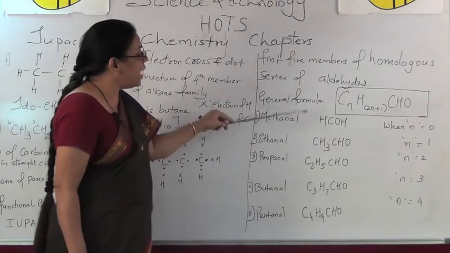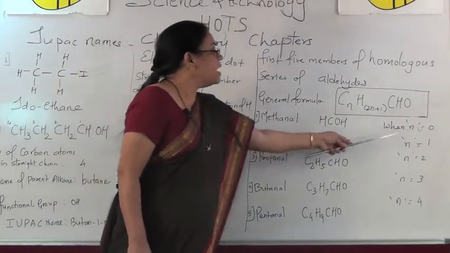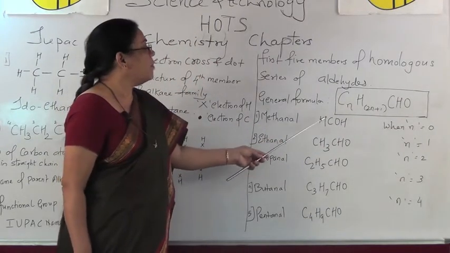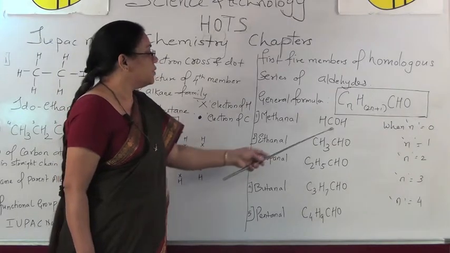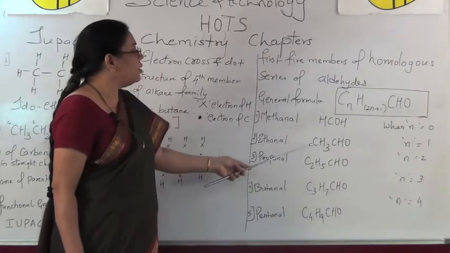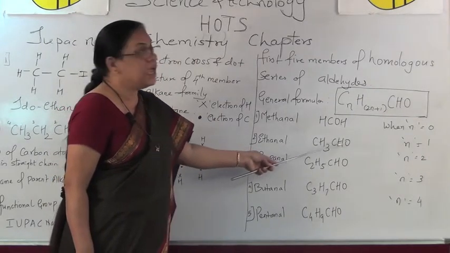Now how do you get the molecular formula of this? Putting n equal to 0 in the general formula, you get the chemical formula for methanal, that is HCHO. Similarly, when you put n equal to 1, you get the chemical formula for ethanal, that is CH3CHO.